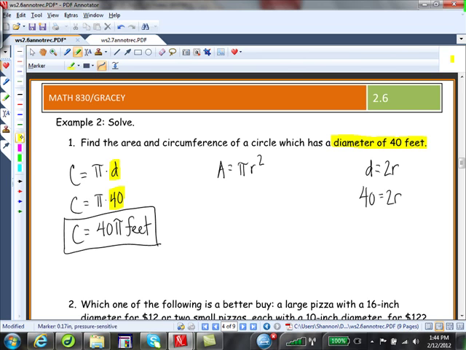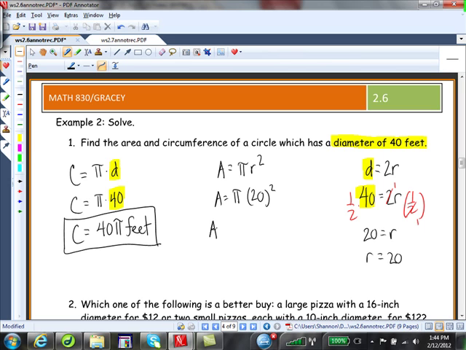So we'll use that information, and if I multiply both sides by 1/2 to isolate r, then I would get that r, the radius, is 20. So coming back here, I can now figure out the area. We will get pi times 20 squared, which is a 4 with 2 zeros. So the area will be 400 pi, and that's square feet.